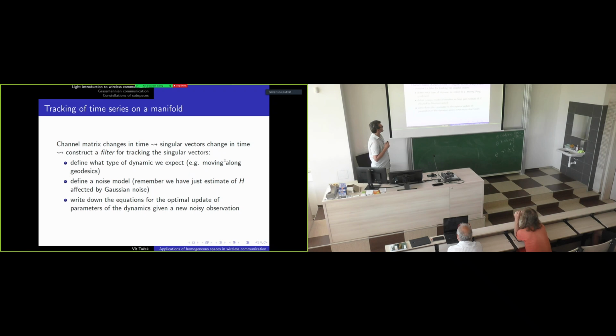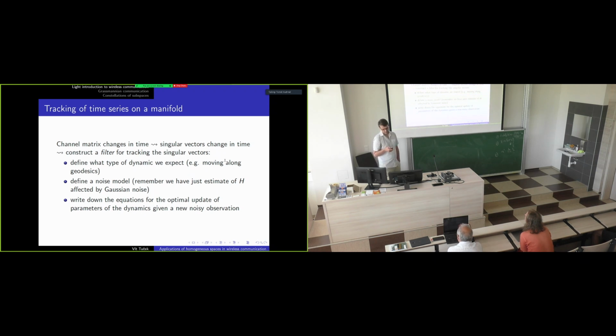So the project has the following broad goal. We have this channel matrix that changes in time, and sometimes we have an observation of the actual singular vectors at that time. This is called filtering, or the goal is to create a filter.